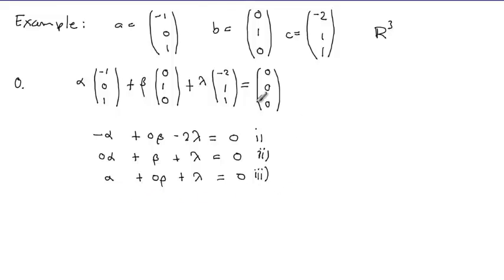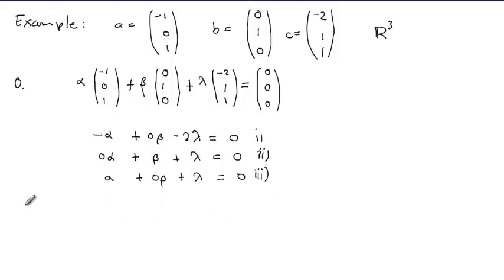So to conclude that these vectors are linear independent, we should establish that alpha, beta, and lambda are all equal to 0. Otherwise, we conclude that the vectors are linear dependent.